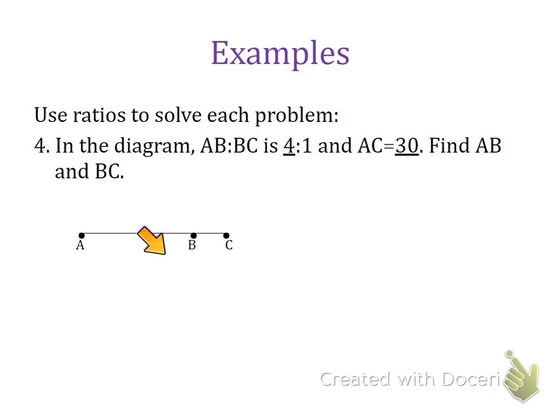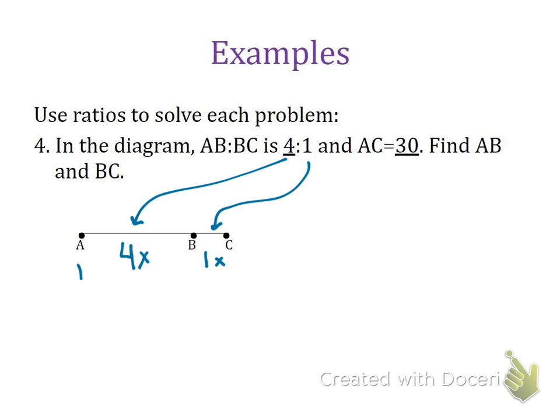Fill in A, B, and C on your line segment. AB to BC is 4 to 1, so we're going to call AB 4x. We're going to call BC 1x.